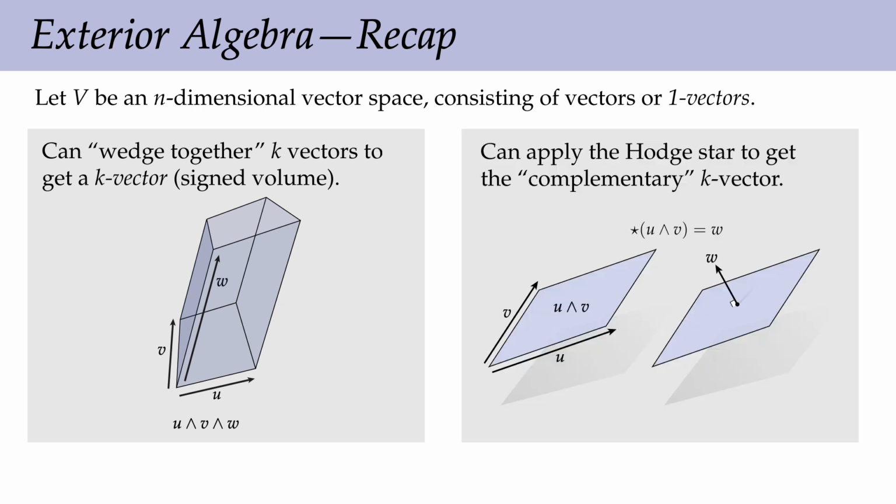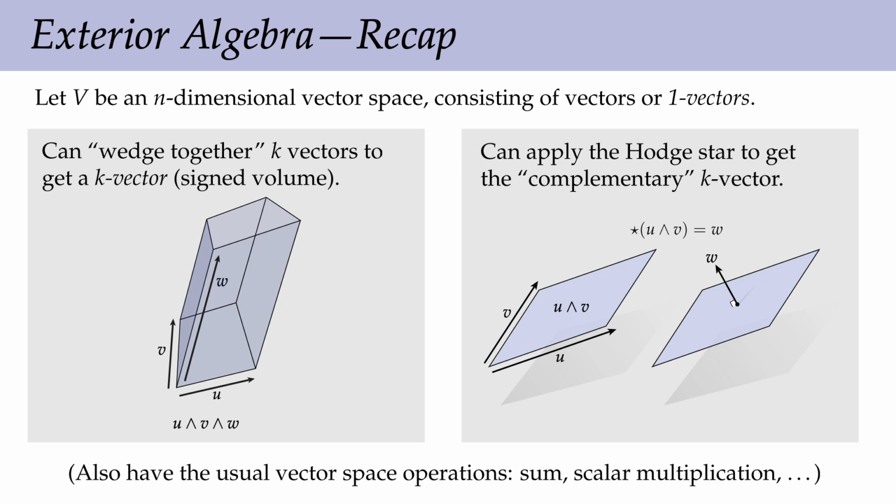We can also apply the Hodge star to get the complementary k vector. Those are our two basic operations, wedge product and Hodge star. As usual, we have all the ordinary operations that you'd have in a vector space. Right? We can add together k vectors, we can scale them by numbers, and this just behaves in the way that you would naturally expect in any vector space.